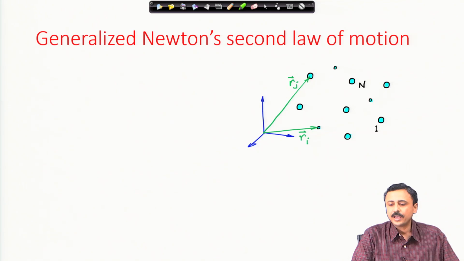Consider a system of n particles as I have shown you in this figure. The position vector of the ith particle is indicated by r_i vector in a certain inertial coordinate system, and similarly the jth particle is indicated by r_j vector.